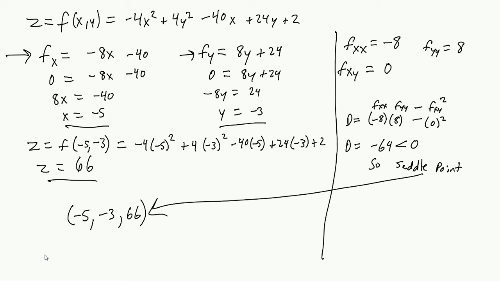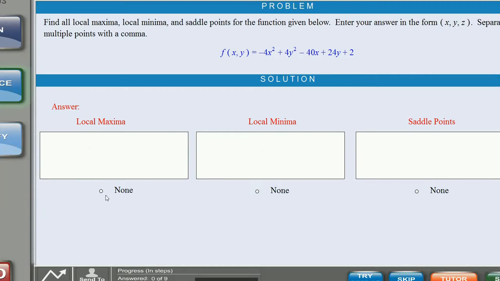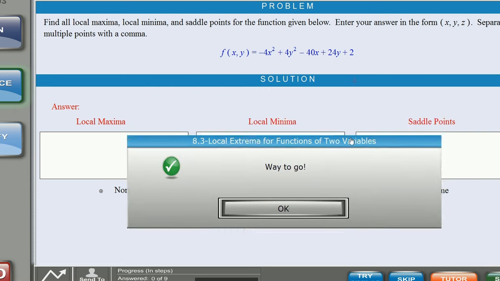You didn't have any other critical points, so you don't have a min, you don't have a max. So let's put those into Hawks over here. Okay, so no max, no min, saddle point, negative 5, comma, negative 3, comma, 66. Let's hit submit. There it is.